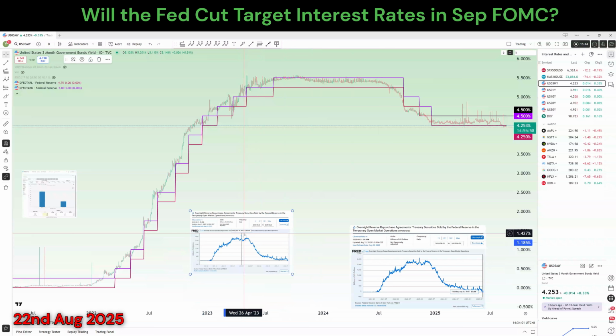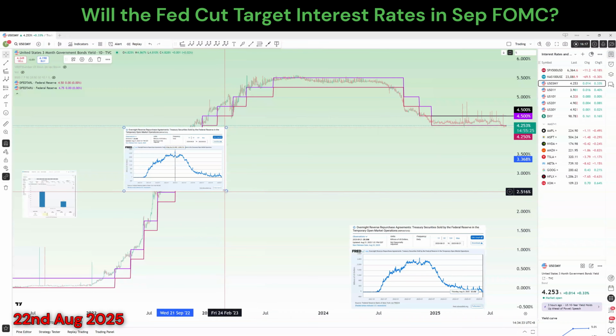The narrative that I paint is this: this overnight reverse repo agreement dries up, so there's no more liquidity being pumped into the market, the market crashes, people run into bonds or the short-term bonds, causing the yield to fall, and then FOMC happens, and the Fed can cut the rates. This is the narrative that I paint in my previous lengthy video.